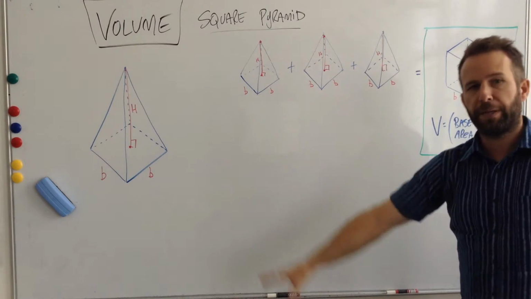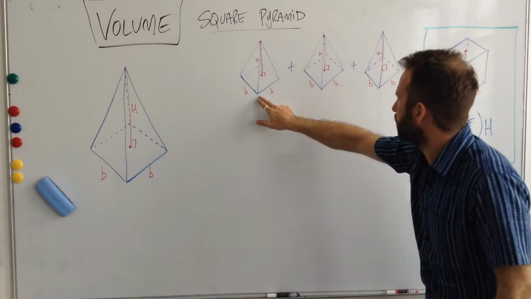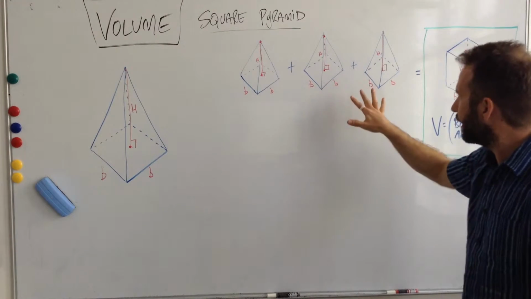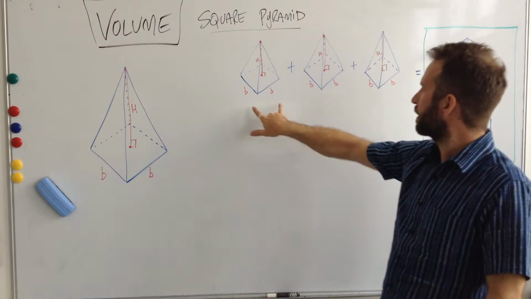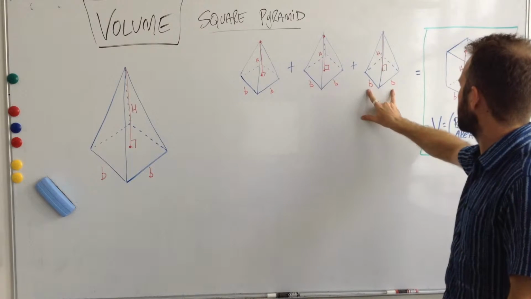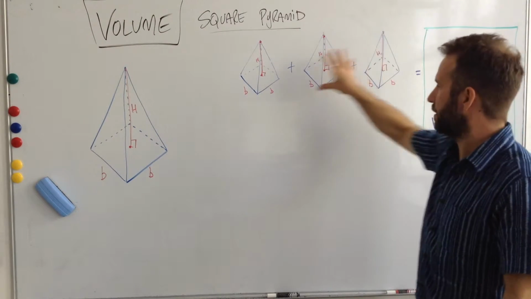Now, our square pyramid formula comes from the fact that if we take three identical square pyramids, so they don't look identical in my drawing, but let's say they're perfectly drawn identically, they're pretty close. But imagine that this base is the same as this base, is the same as this base, and this height is the same all the way through. So these are identical.